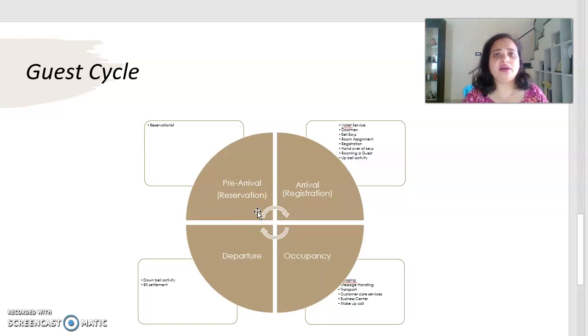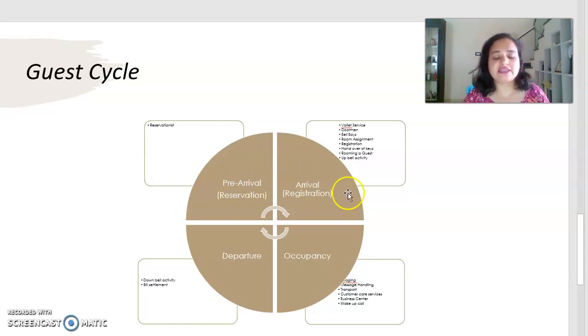Now there are very new technologies in reservation, which are called intermediary agencies, like MakeMyTrip, Goibibo, and all. Right, so in this way we can book the room in the hotel. So this becomes the first stage of the guest cycle, that is reserving the room by the guest. This is the first time when the guest comes in contact with the hotel.